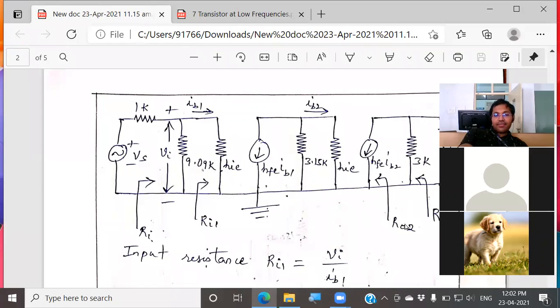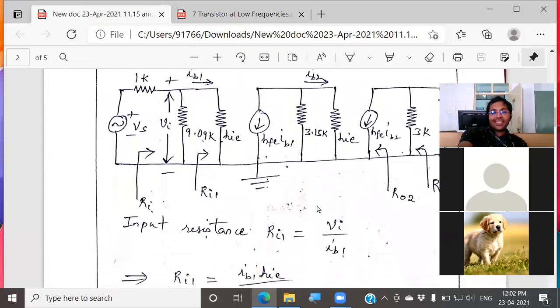Any gain is output by input. Voltage gain is V0 by Vi. Very good.